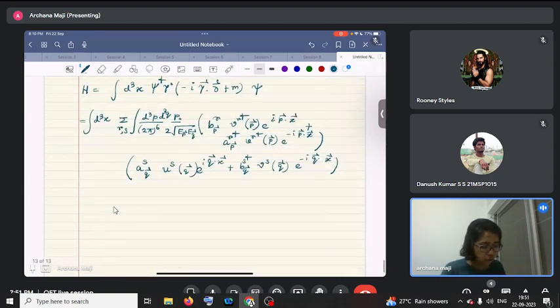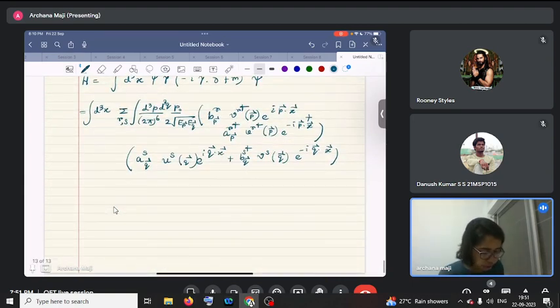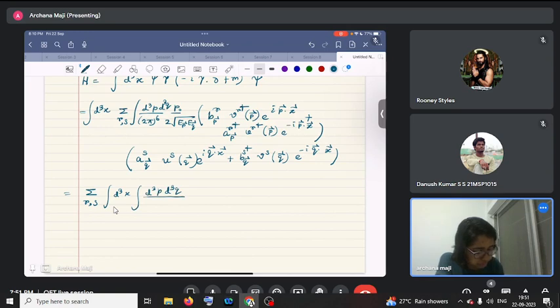Okay, so now we need to multiply. We get 4 terms. Summation over r is integration d3x d3p d3q over 2 pi to the 6, p0 divided by 2 square root.